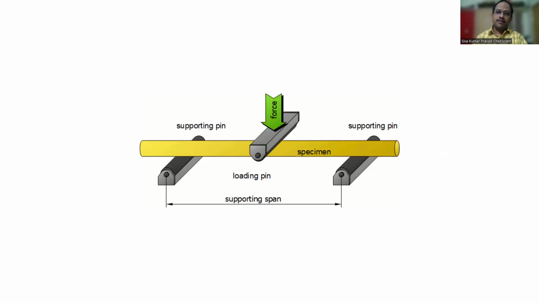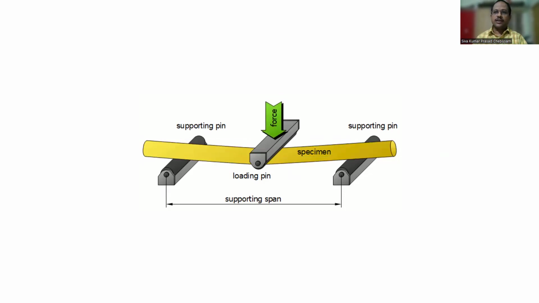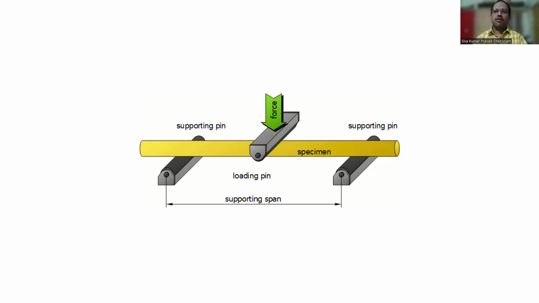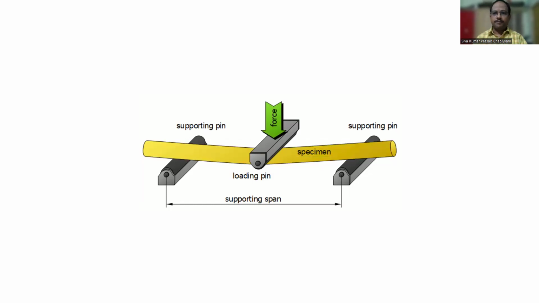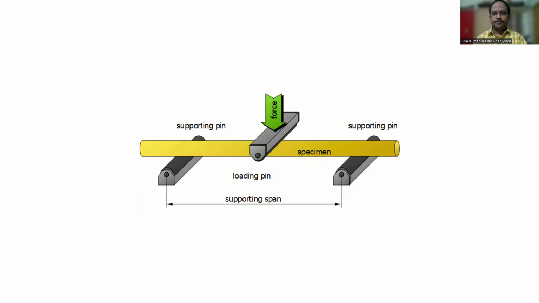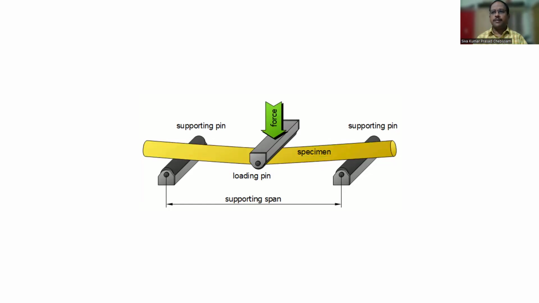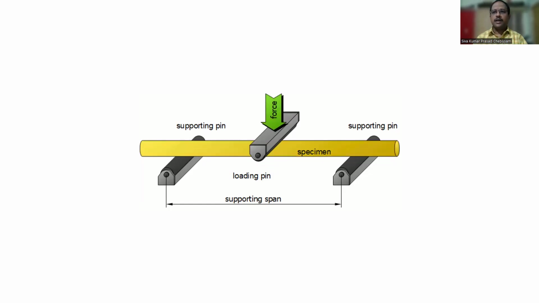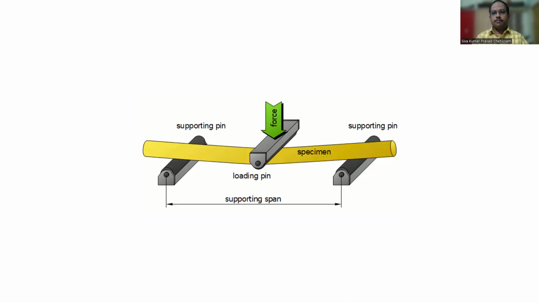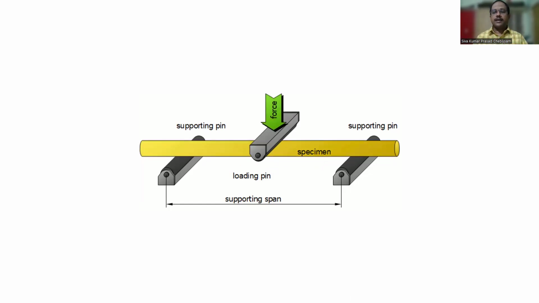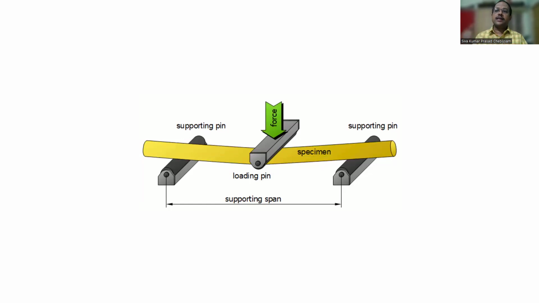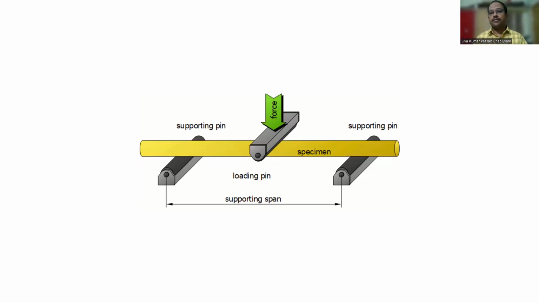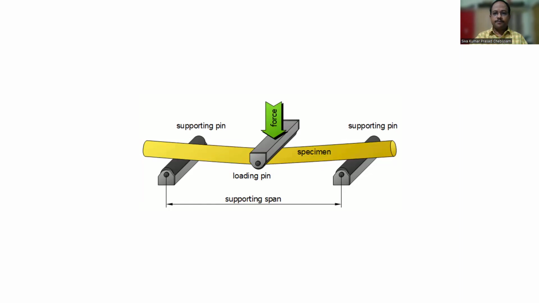The tendency of these transverse loads is to apply a moment called bending moment or flexural moment. This bending moment will typically bend the member, and the resistance, the strength against this bending, is what is known as flexural strength.